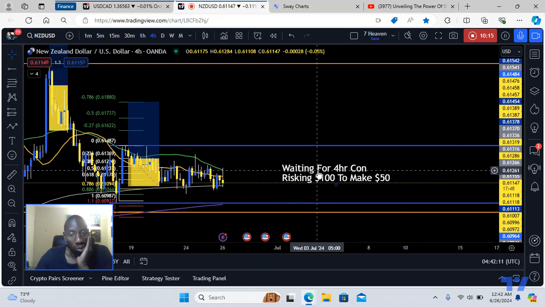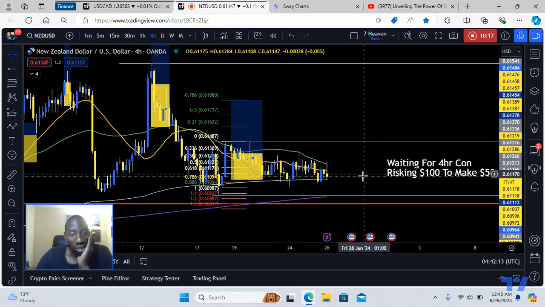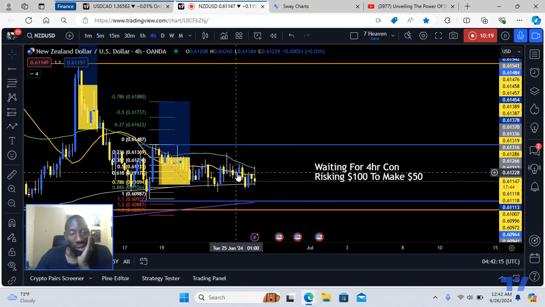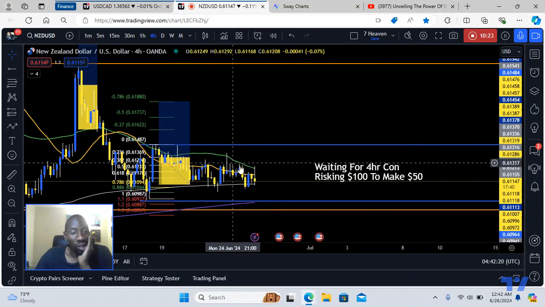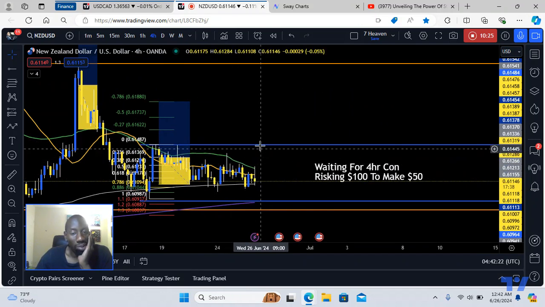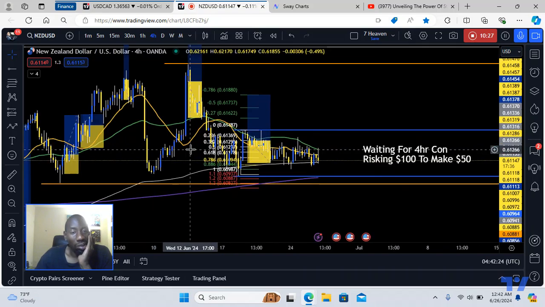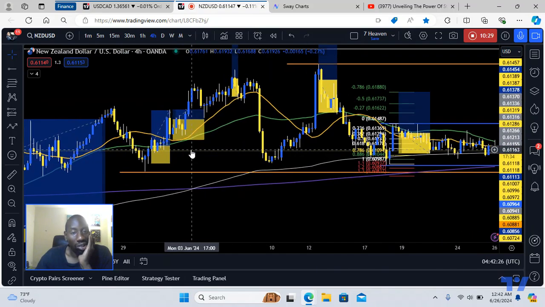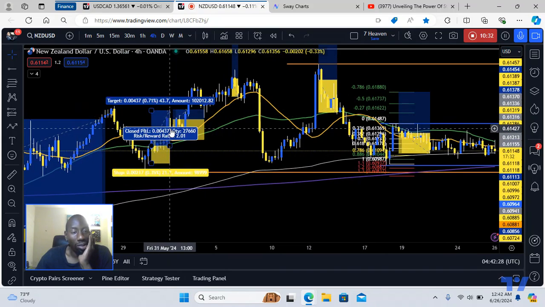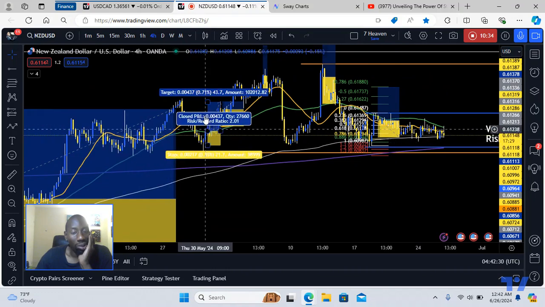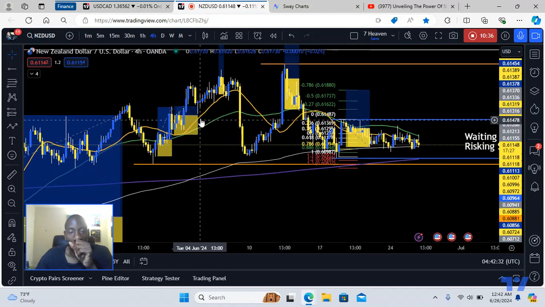This thing is waiting for a 4-hour break of structure. Oh well, wait for a 4-hour continuation. So I'm looking for price to come up to here, and then we can take the next valid entry. Now we had this win, right? We had this win, and then this win, then we had this place.